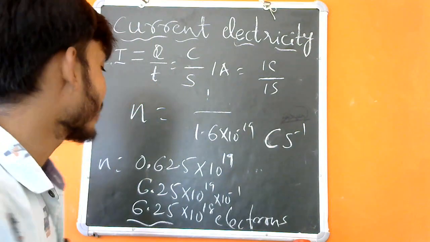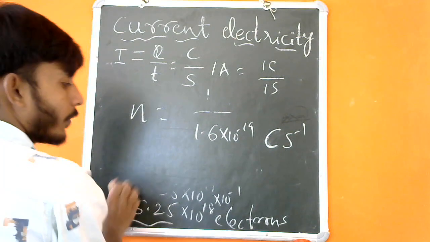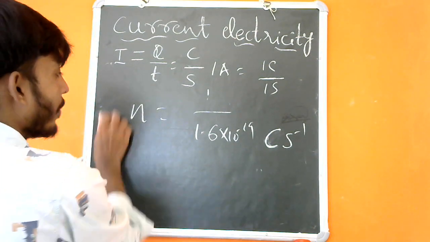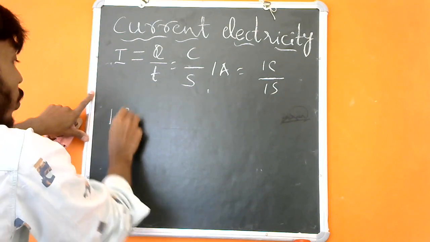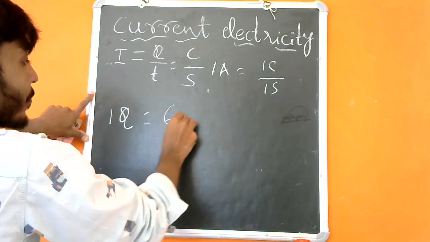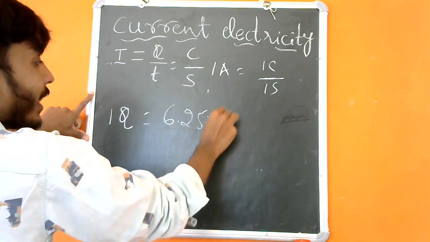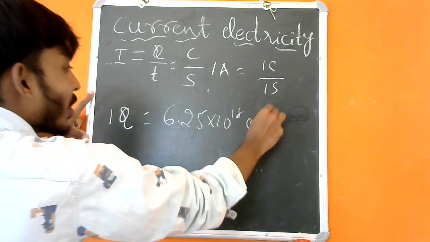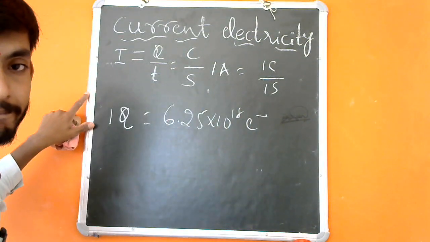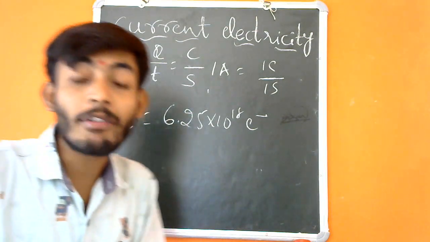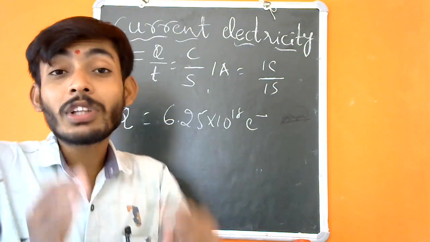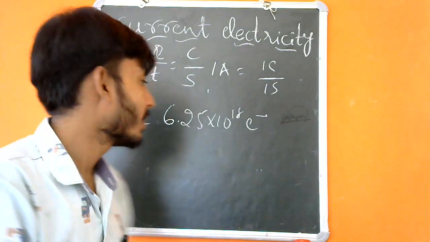So this is the definition of the unit of current and the calculation of the number of electrons in 1 coulomb. Keep in mind, in 1 coulomb of charge there are 6.25 into 10 power 18 electrons. Now, suppose we have weak currents. How are weak currents measured?